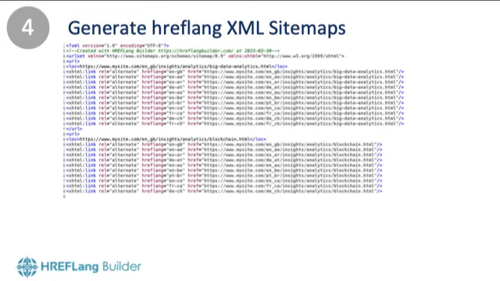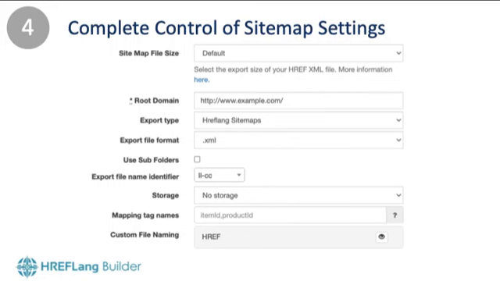We have two options. We can produce one, and this is good if you have a smaller multinational website, or, and what the default is, we produce one XML for each market with all the right tagging and reciprocations. Then you have complete control over this. You can create a naming, you can tell it where it's going to be, create an index file, and decide to zip it or not zip it.